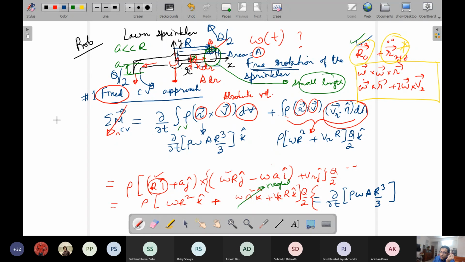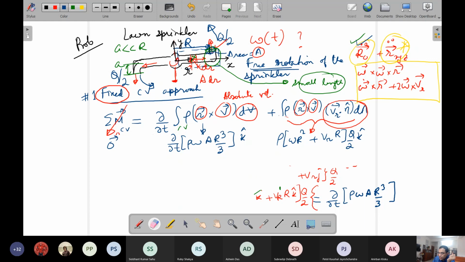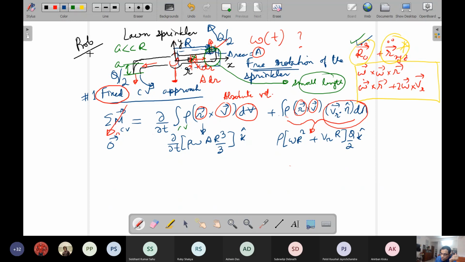So the sum total of this is the null vector, and that means that now we have arrived at the differential equation which governs the angular velocity of the sprinkler as a function of time. If you just reorganize these terms, out of everything only omega is a function of time.